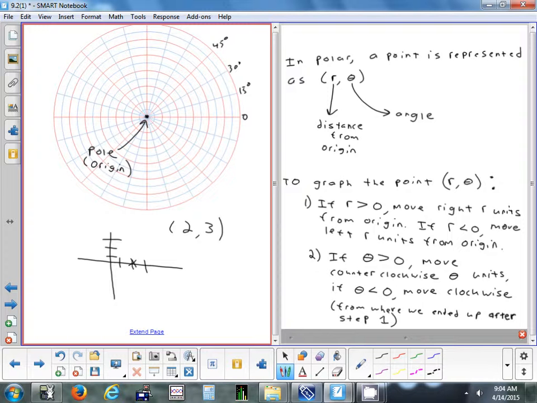You wouldn't go up 3 starting from the origin, because it already said go 2 to the right, and then from there, go 3 up. Right? So same idea. Take care of r by moving left and right, and then wherever you end up in step 1, then move the number of degrees indicated by theta. Positive is counterclockwise, negative is clockwise.